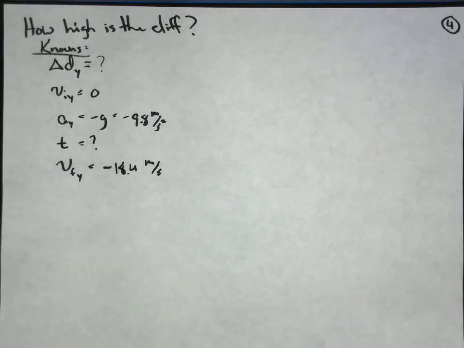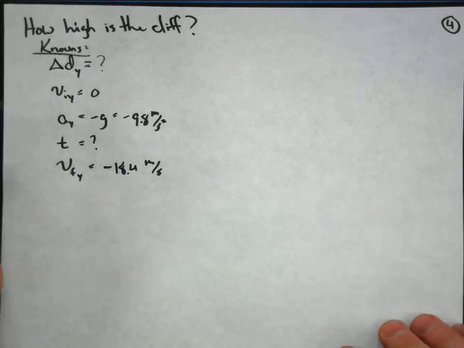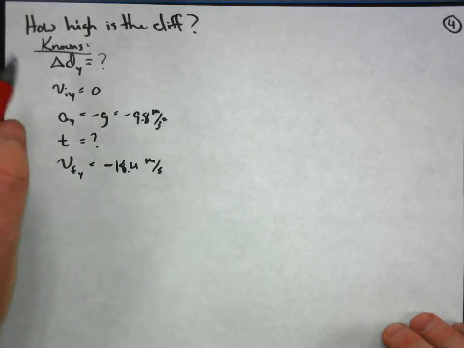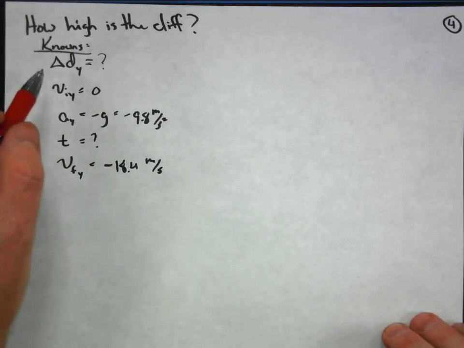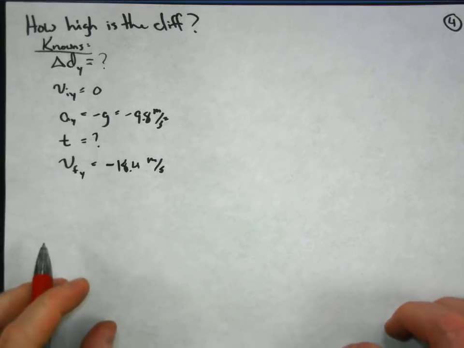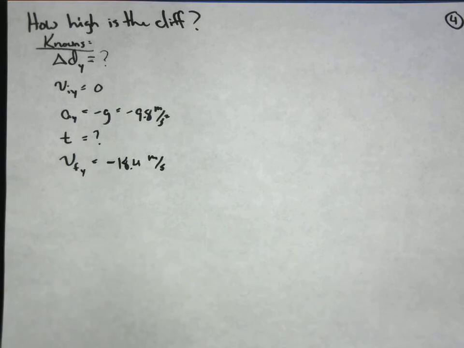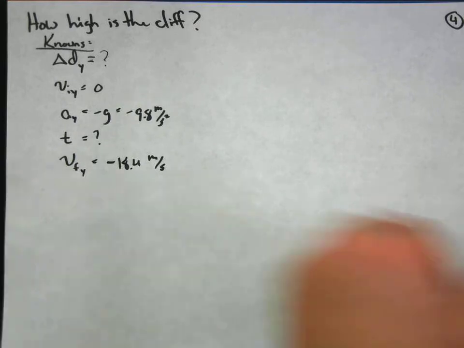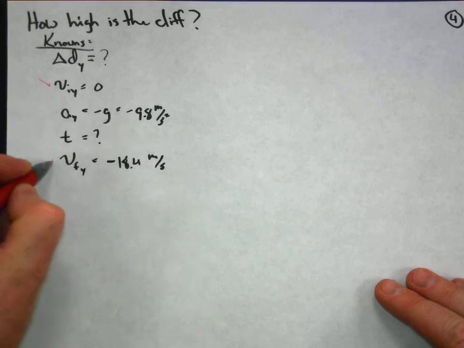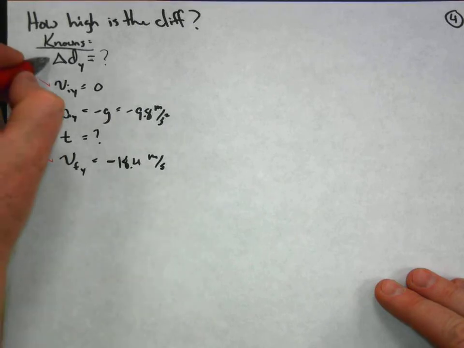I have to ask myself, is there a way to get to the answer from what I have? There's a couple ways of going about this. The most direct route is, well, I have an initial velocity, I have a final velocity, I have an acceleration, and I want a displacement.